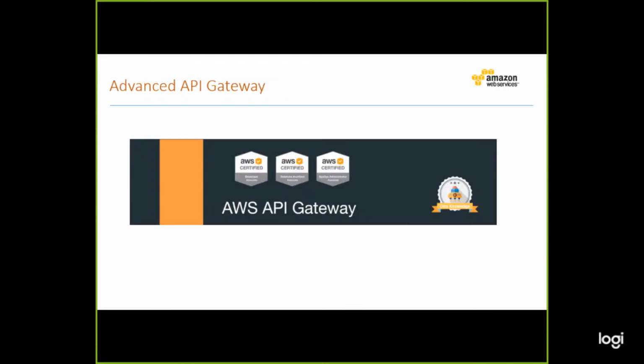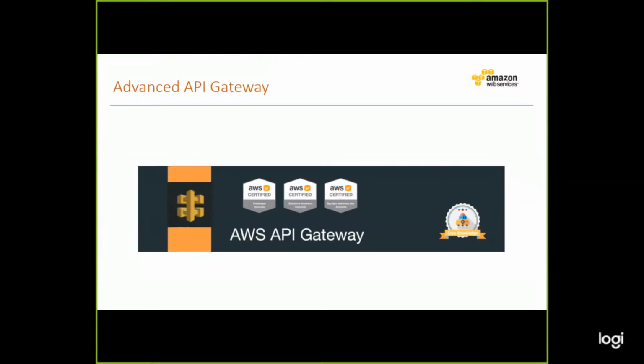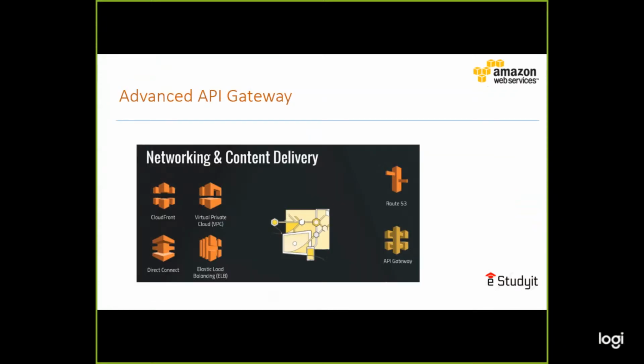Now, the second topic of today is the AWS API Gateway. Before we go further, we have to remember in which category this service is available for us to use. Similarly, it is in the network and content delivery category, like CloudFront, VPC, Route 53, Direct Connect, Elastic Load Balancing.